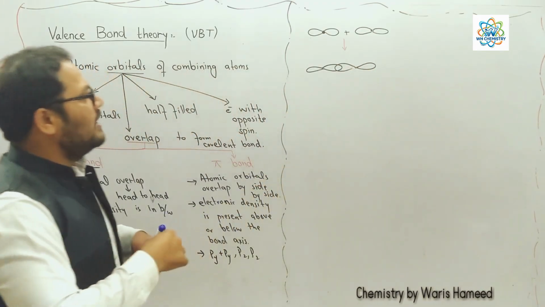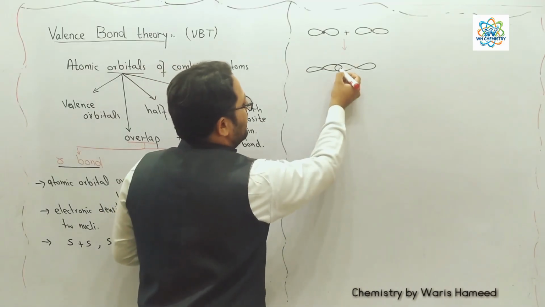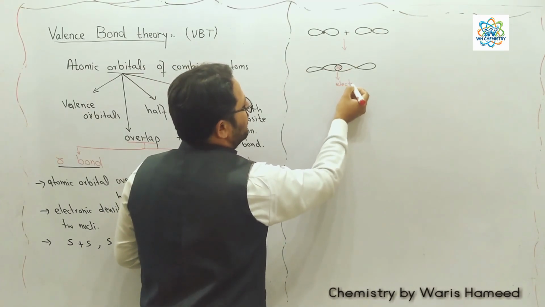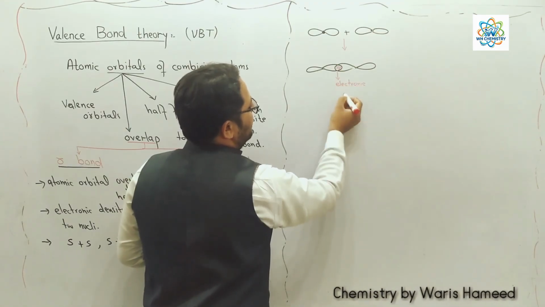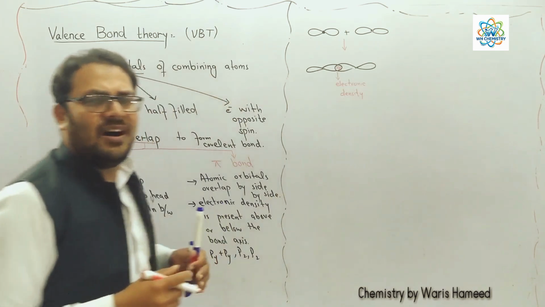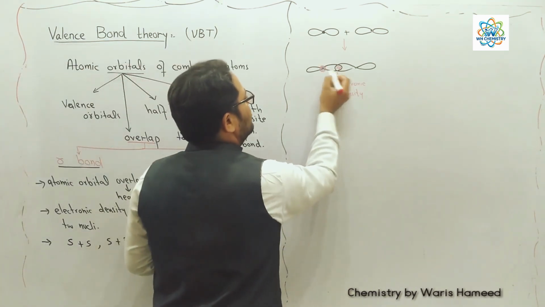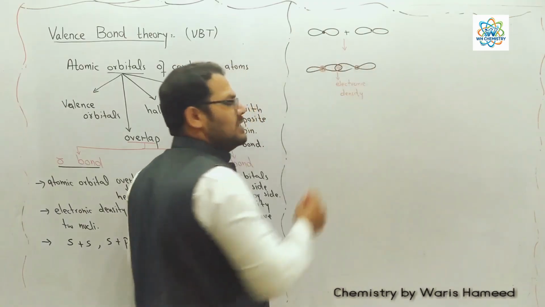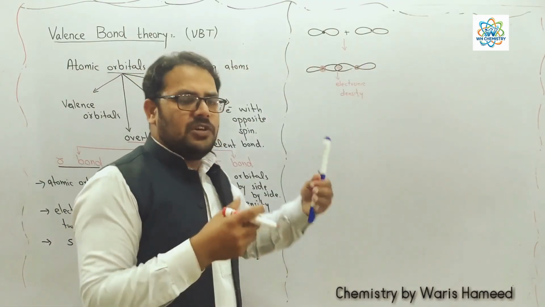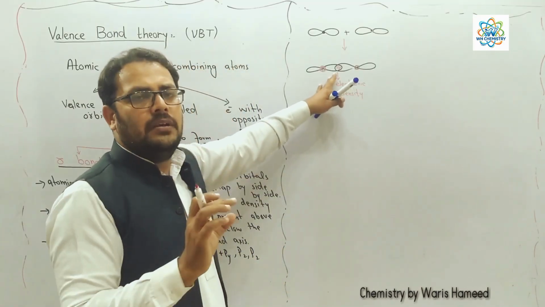Now you can see that this is head-to-head overlapping, and here is the electronic density. We can say that electrons are tightly bound in between these two nuclei. Here is one nucleus and the second nucleus is here. Positive charge attracts the negative charge tightly, and these electrons are bound.